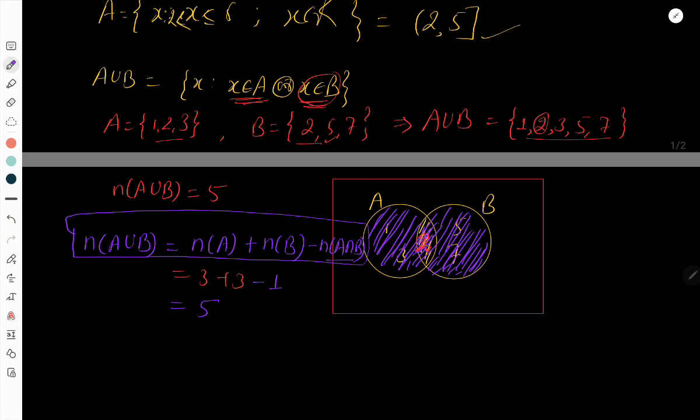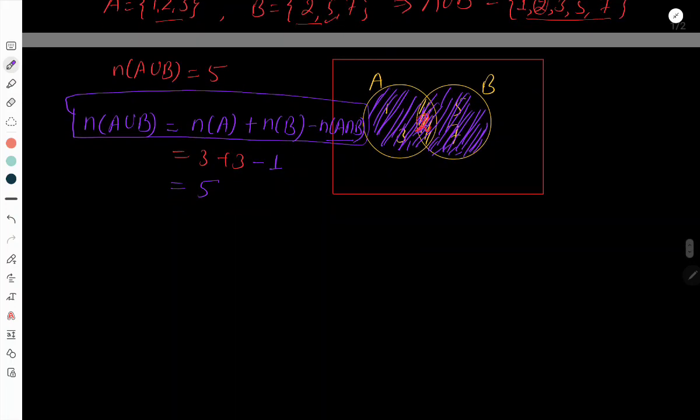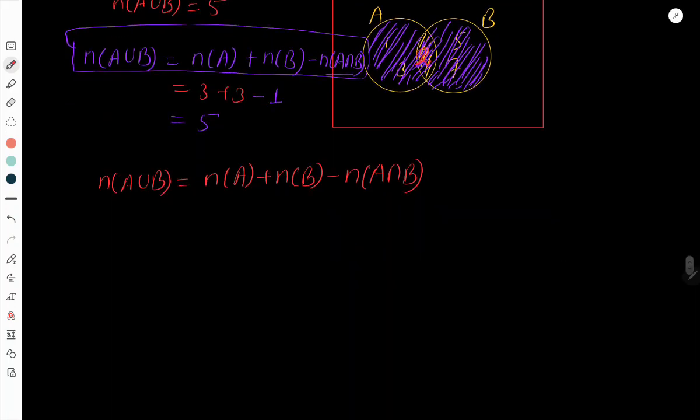So the A union B formula is this one, keep in mind. n of A union B, the number of elements in A union B, equals the number of elements in A plus the number of elements in B minus the number of elements in A intersection B. Intersection I defined here, so no problem. A intersection B is mathematically the set of x such that x belongs to A and x belongs to B, meaning those elements which belong to both.